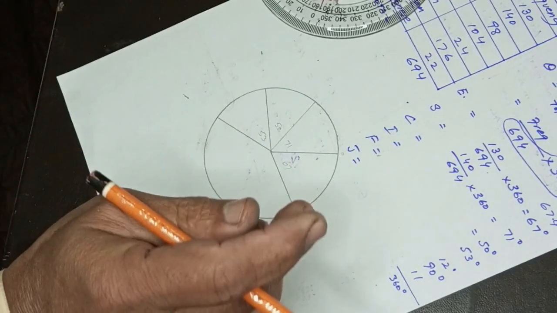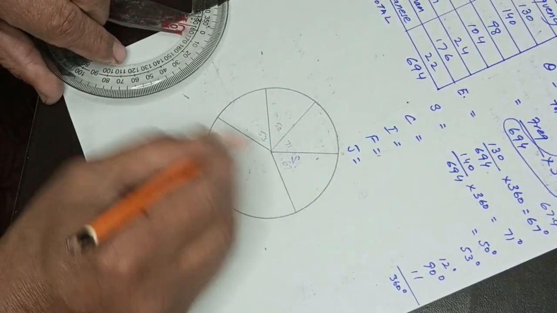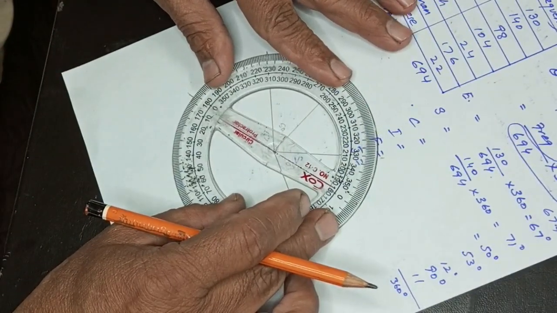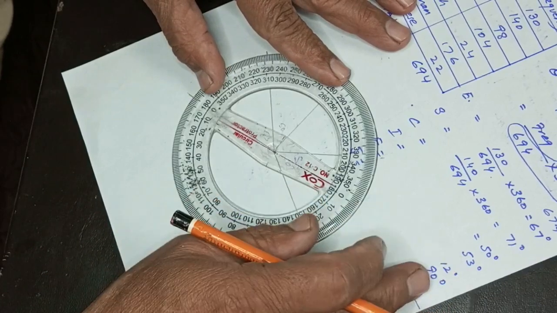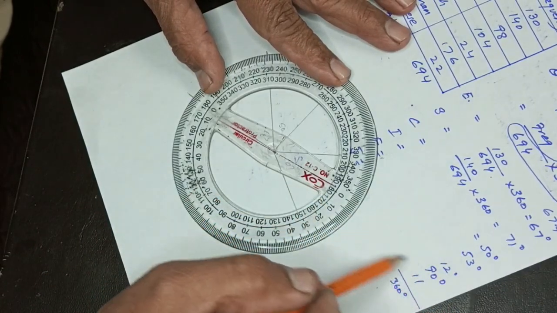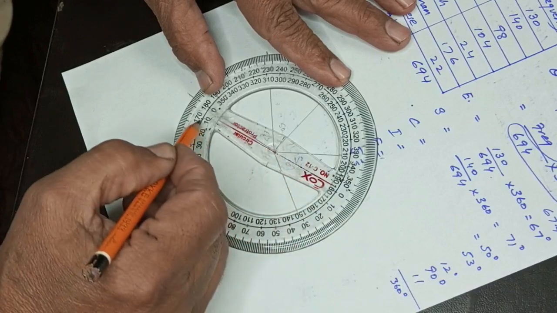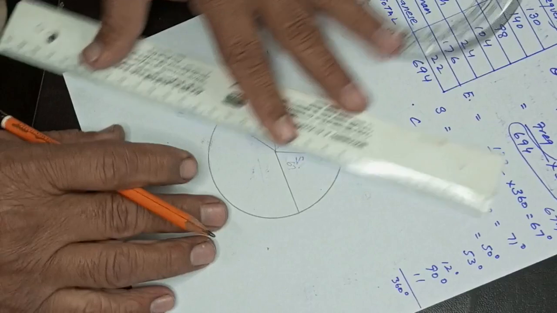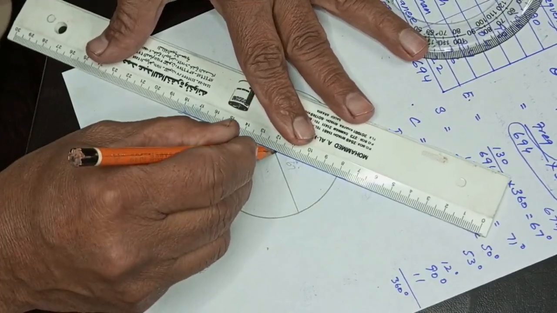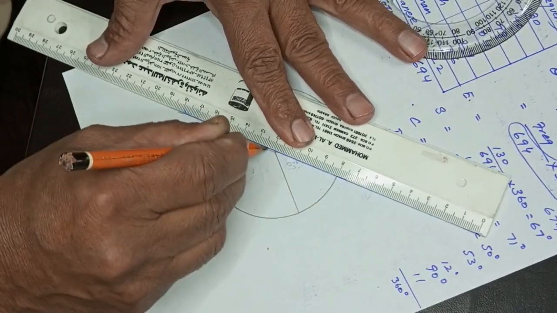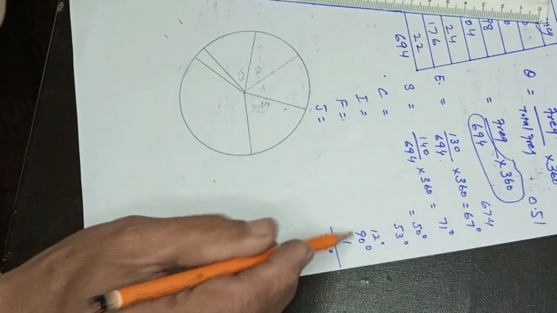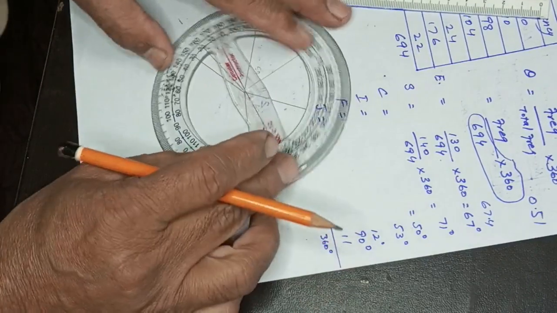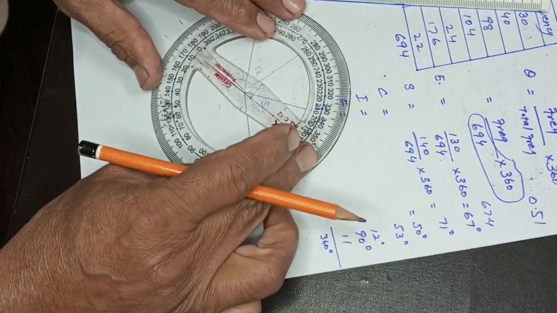Then 12, 90 and 11. 12 from this zero line will come over here, a very small sector, then 90 degrees and then 11 degrees.